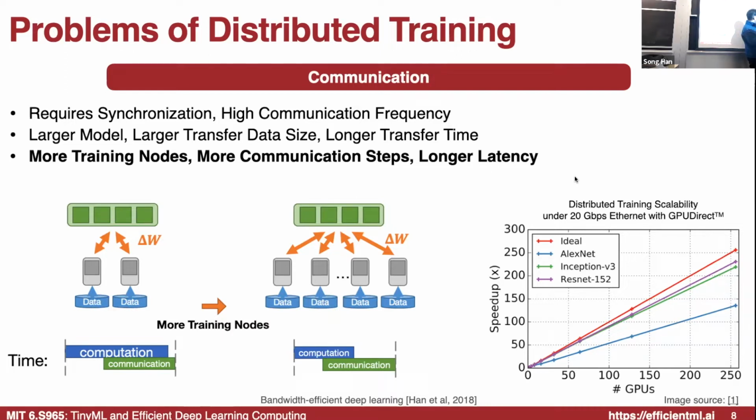This is comparing AlexNet, Inception V3, and ResNet 152. And you can guess why AlexNet has the worst scalability. When you have 250 nodes, the theoretical speedup should be 250. But why is AlexNet the worst? Only 150x speedup compared with using just one single GPU.